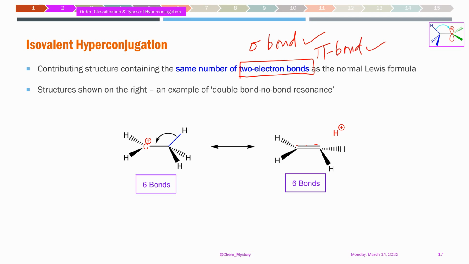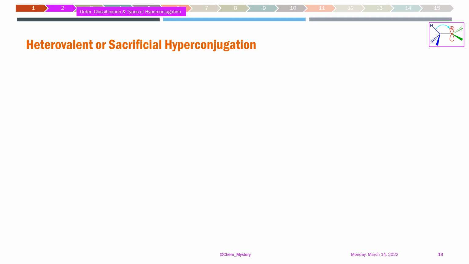See here, we have got propene and a total of 9 bonds. Out of those 9 bonds, there are 3 carbon-carbon bonds and 6 carbon-hydrogen bonds. Out of those 3 carbon-carbon bonds, one is a pi bond, and the other two are carbon-carbon single bonds, like sigma bonds. Out of these 9 bonds, when we do the hyperconjugation, we shift this electron here and this electron here.